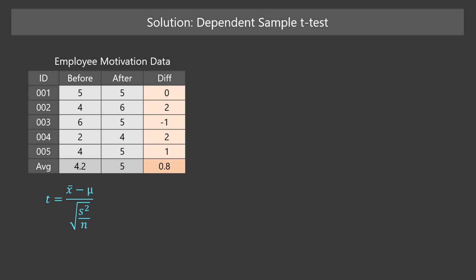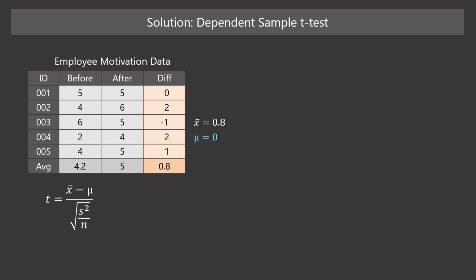In this case, our focus is the difference in motivation between before and after the intervention. So, the sample mean in this case is the average difference of motivation between before and after the intervention. So, it is 0.8. As for the population mean, in this case, we want to see whether the population mean is 0 or not.